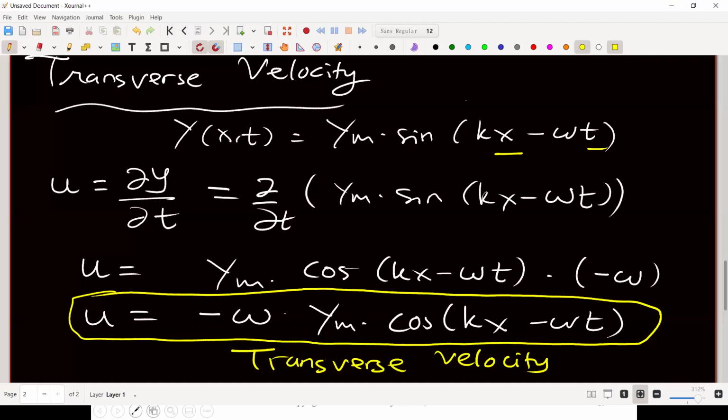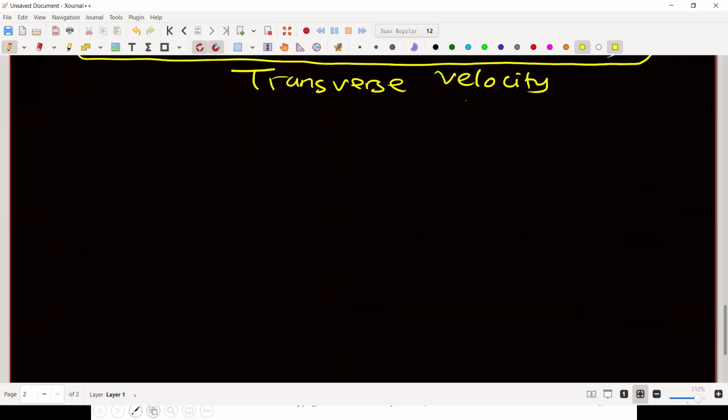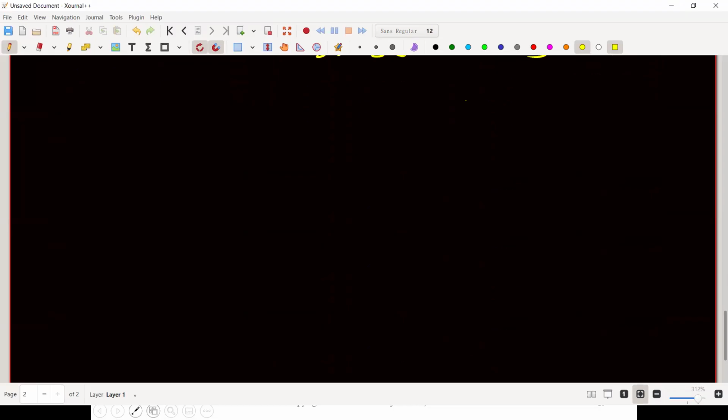And then we can calculate the acceleration of the transverse wave.